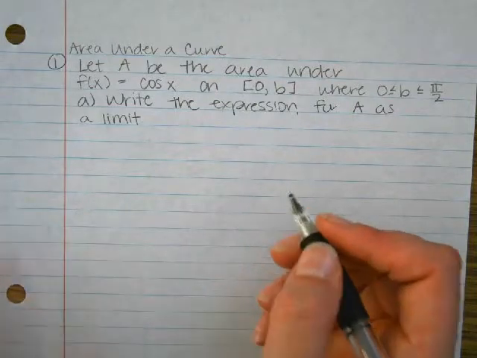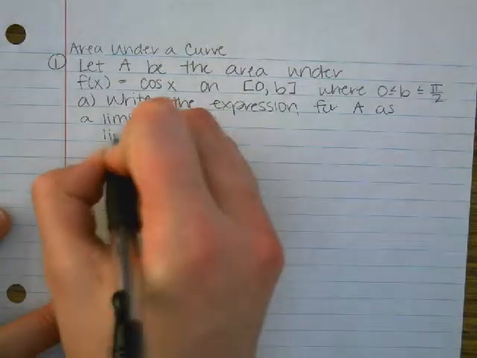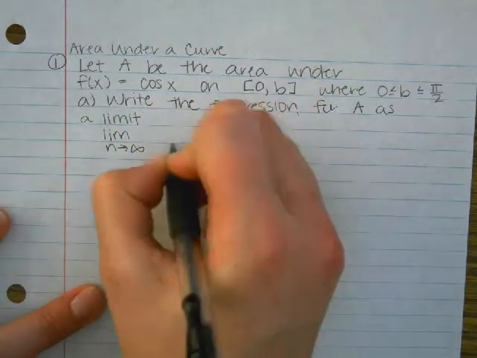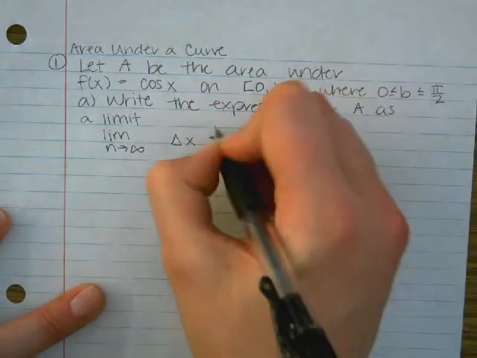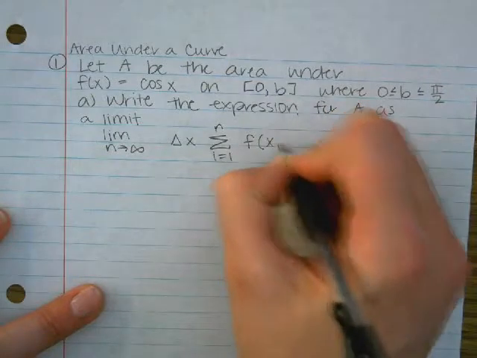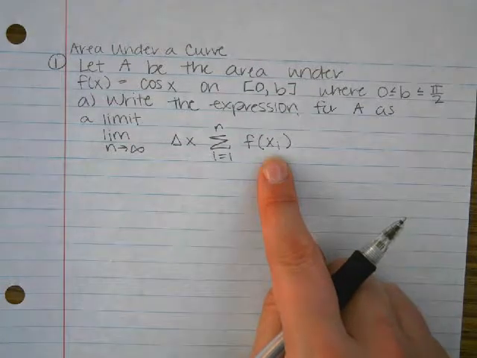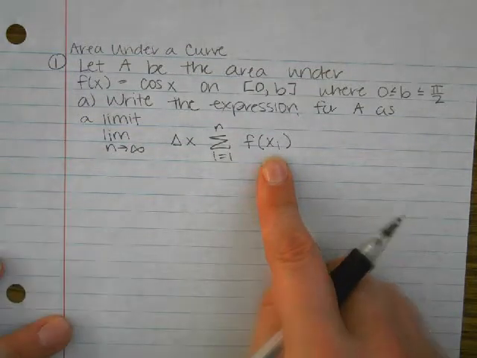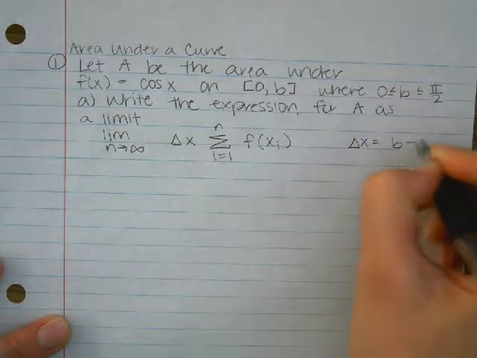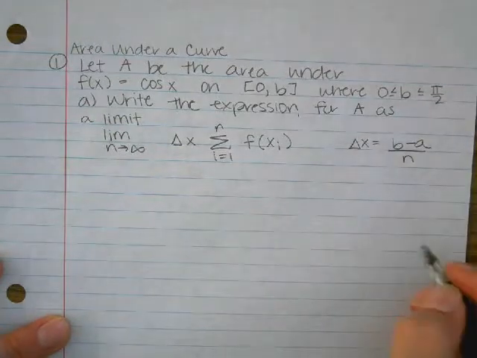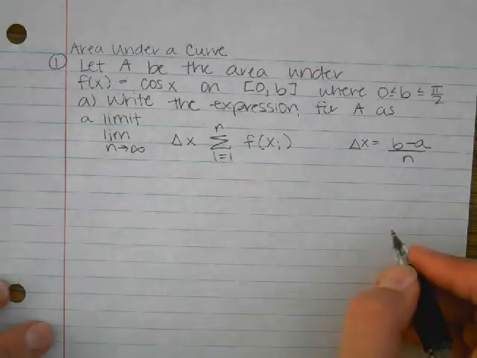You don't have to write this part out because you already have it in your notes, but when we write it as a limit, we say the limit as n goes to infinity of delta x, times the summation as i goes from 1 to n of the function with x sub i plugged into it. That was the formula I gave you at the end of the notes yesterday. And we had a way of finding delta x: we did b minus a divided by n, where n was the number of rectangles you were making, or the intervals you were dividing your curve into.